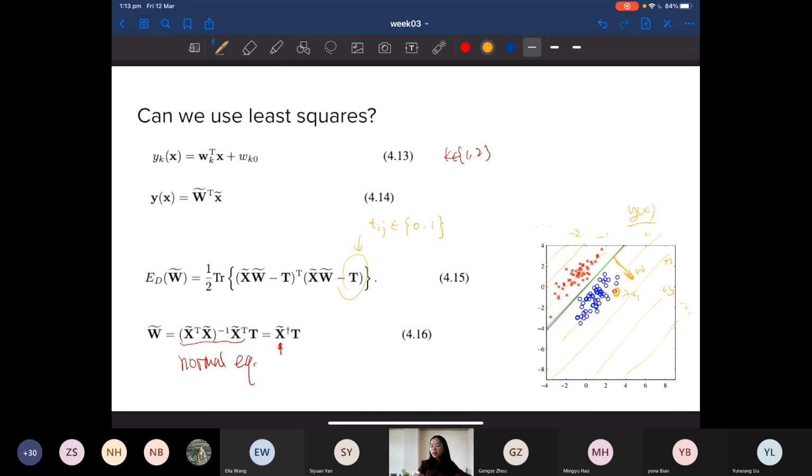Meaning in classification problems, we don't care where the point lies as long as it's on the correct side of the discriminant hyperplane. But this intuition is not captured by the least squares loss function. And that's a problem.